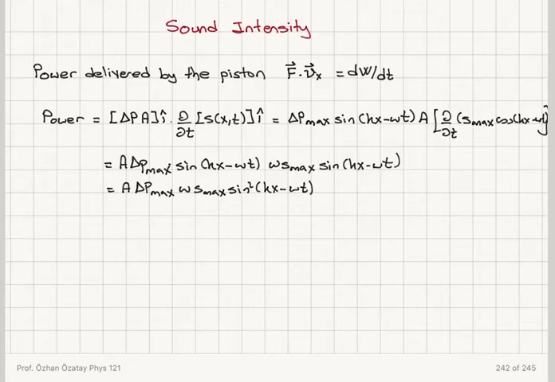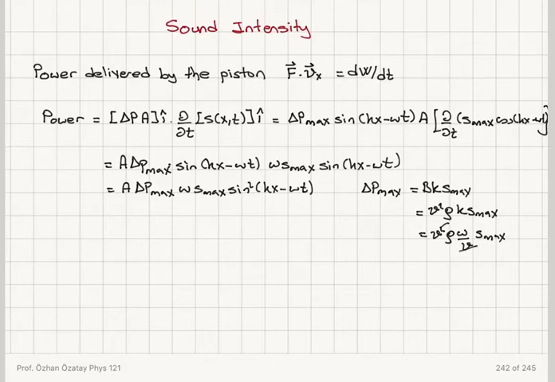Now I want to describe this purely using the displacement, not the pressure. I know that the pressure amplitude is related to displacement amplitude as B k S max, and B is equal to v squared times rho, and k is, remember, omega divided by v.